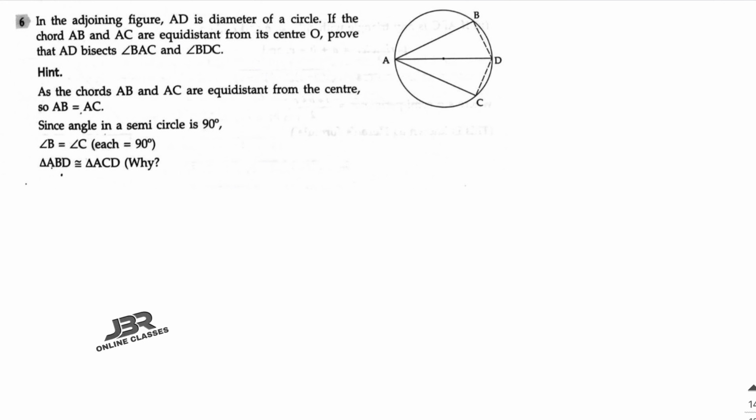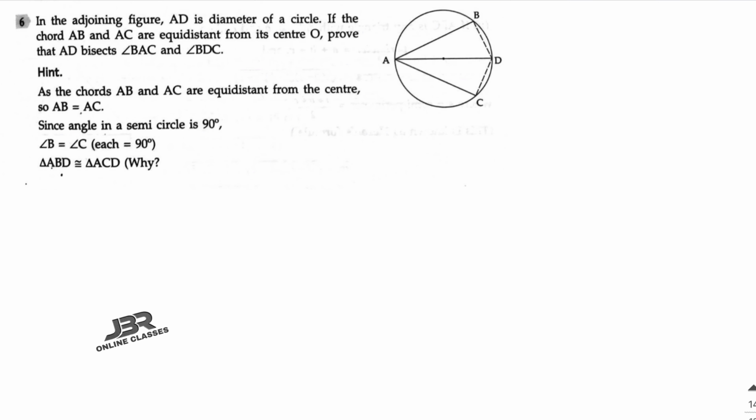Here in sum number 6, in the adjoining figure, AD is a diameter of the circle. If chords AB and AC are equidistant from its center O, then prove that AD bisects angle BAC and also angle BDC.